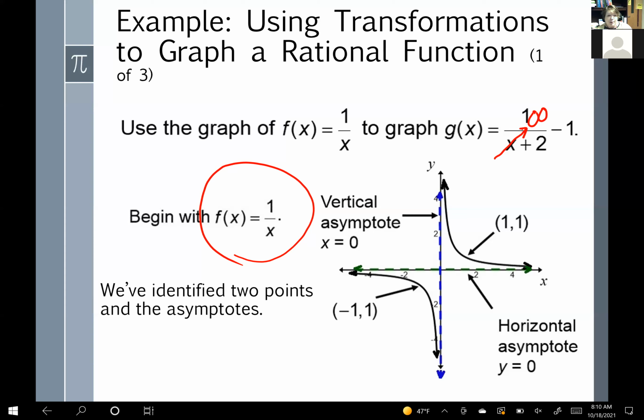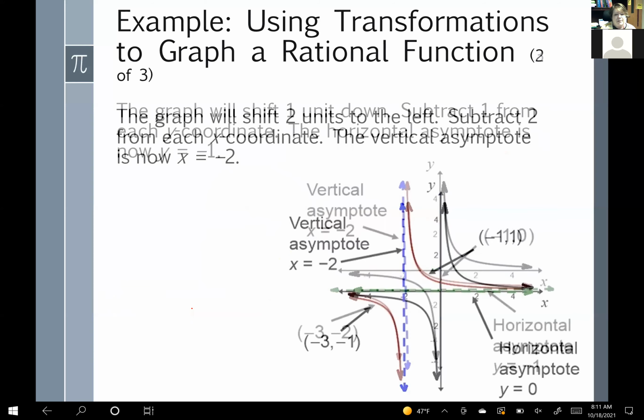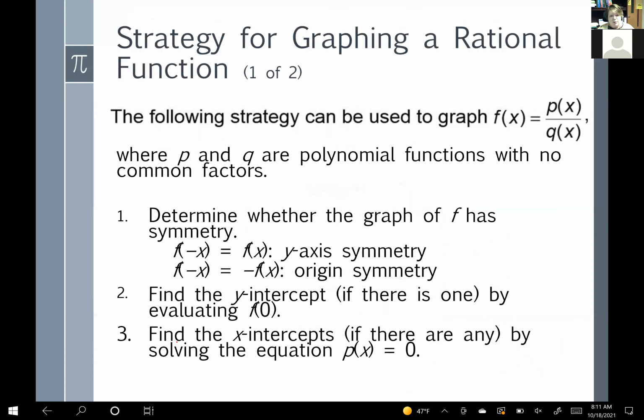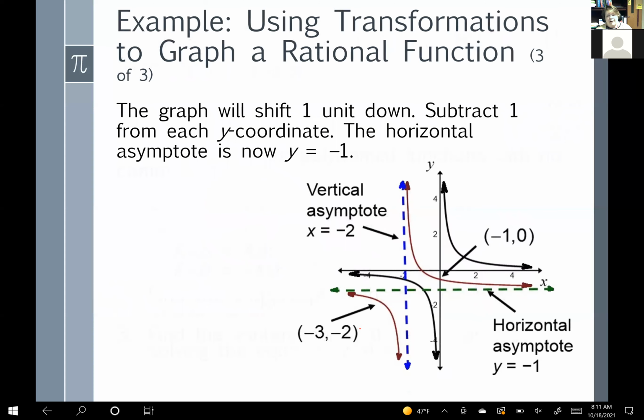So this function approaches a value of -1 as x goes to infinity. So not only do our vertical asymptotes get moved when we transform this, but our horizontal asymptote also gets moved as we transform this. So you can now see what the function looks like. It's graphed there in red.